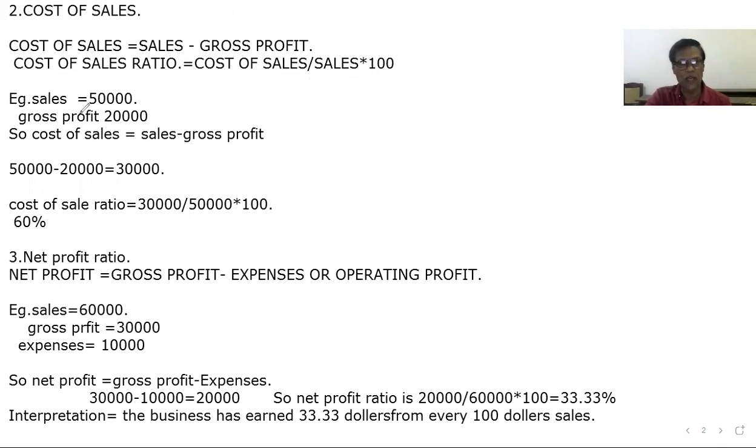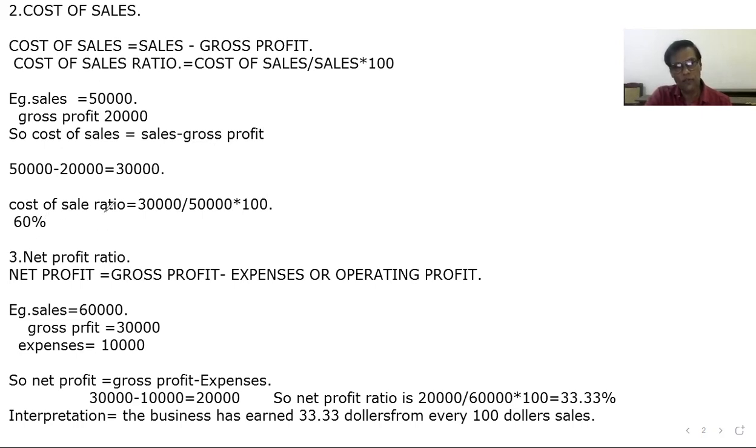We'll assume in this example that sales equal 50,000 and gross profit equals 20,000. So, cost of sales equals sales minus gross profit, which is 50,000 minus 20,000, equal to 30,000.